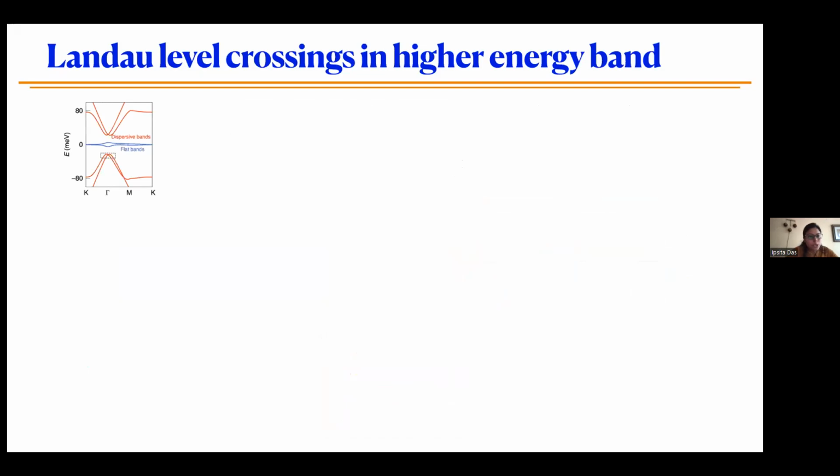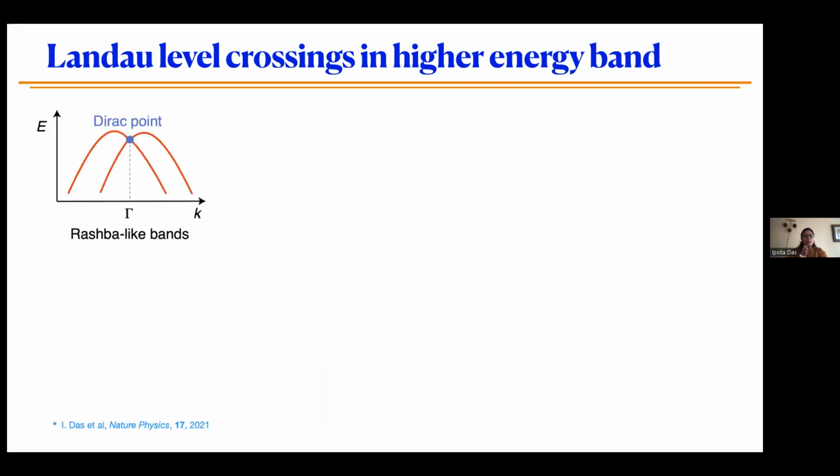But if you zoom in closely to the top of the dispersive band, then you'll see that there are basically two dispersive bands crossing each other. And the crossing point, again, we call a Dirac point, because at that particular point, you have, again, a linear relationship.